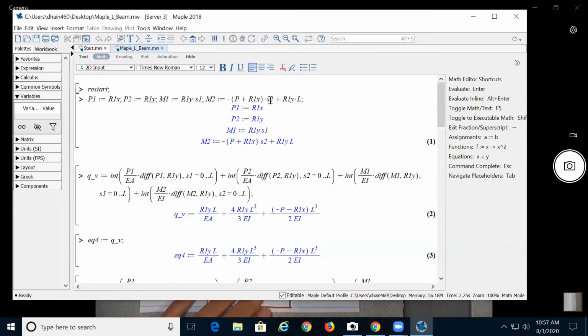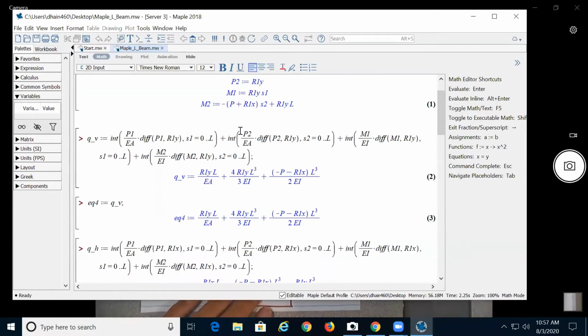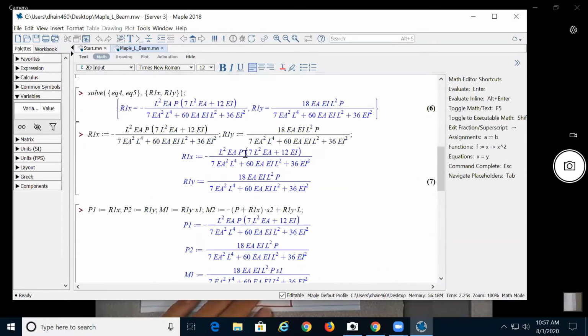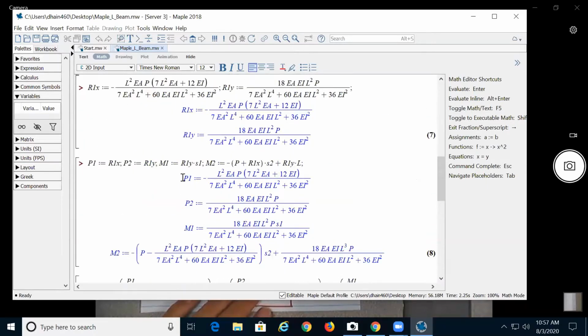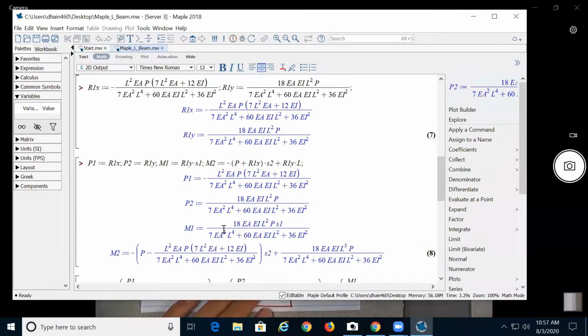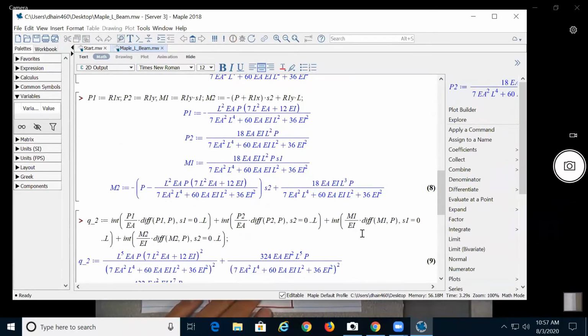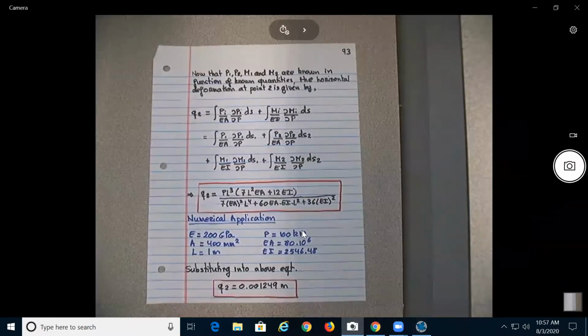So that means now that these expressions will not be these ones anymore because we know the value of R1x, R1y. So if we substitute, this would be the new expression for P1, P2, M1, and M2, okay? So now we can find the deformation at point 2.